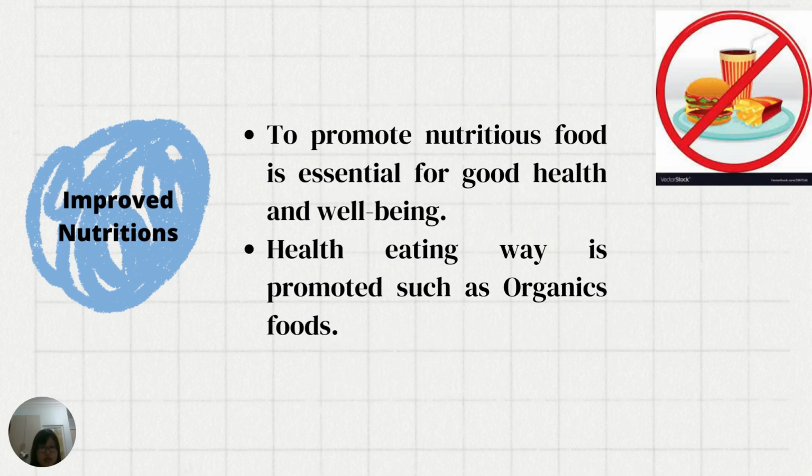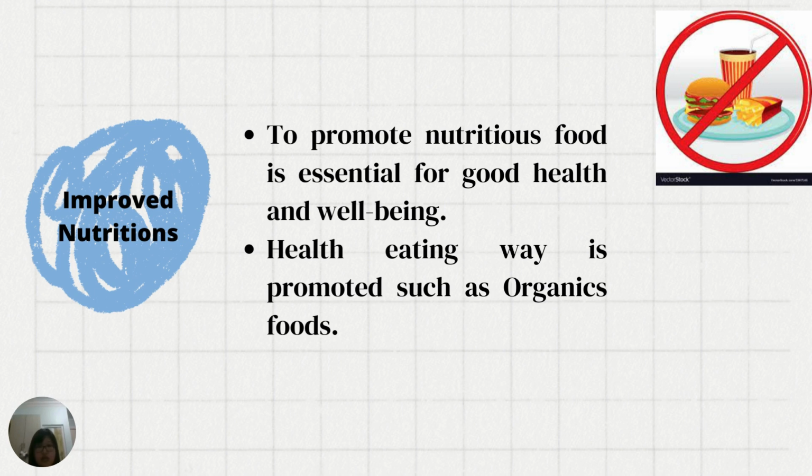Next, we will talk about improved nutrition. As we mentioned just now, food is not only to fill our stomachs, we also need to be nutritious and lead a healthy life. This aspect of the goal promotes nutritious food as essential for good health and well-being. Eating healthily is promoted, such as organic foods.